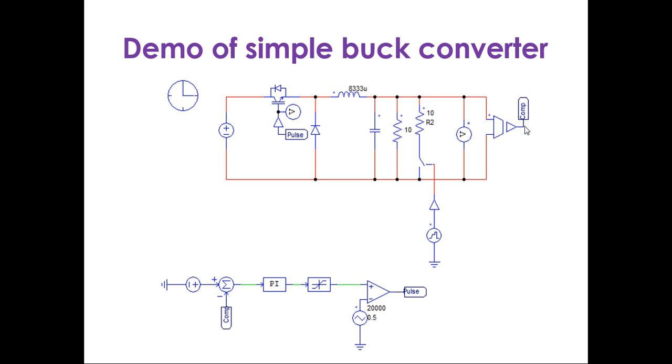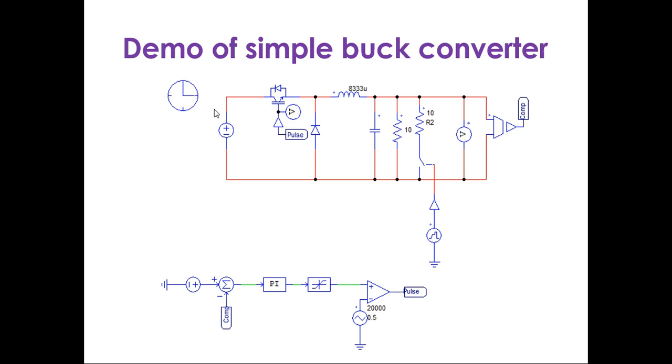We sense the voltage from the output side and compare it with the voltage that we want. Then it is connected with the PI, then we have a limiter, and we can select the duty cycle, either 0.5 or above 0.5, and then we generate the pulse.